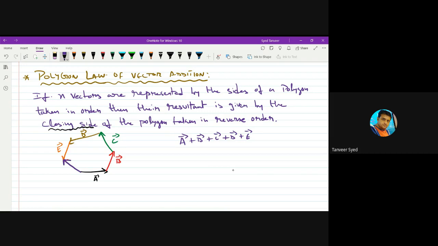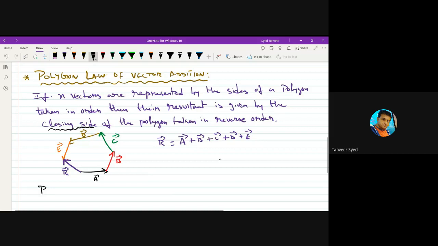Let us say this is some R resultant. So vector R is equal to vector A plus vector B plus vector C plus vector D plus vector E. Like this, you can add any number of vectors using a polygon. Triangle law is a kind of polygon law itself, or polygon law is repeated triangle law.